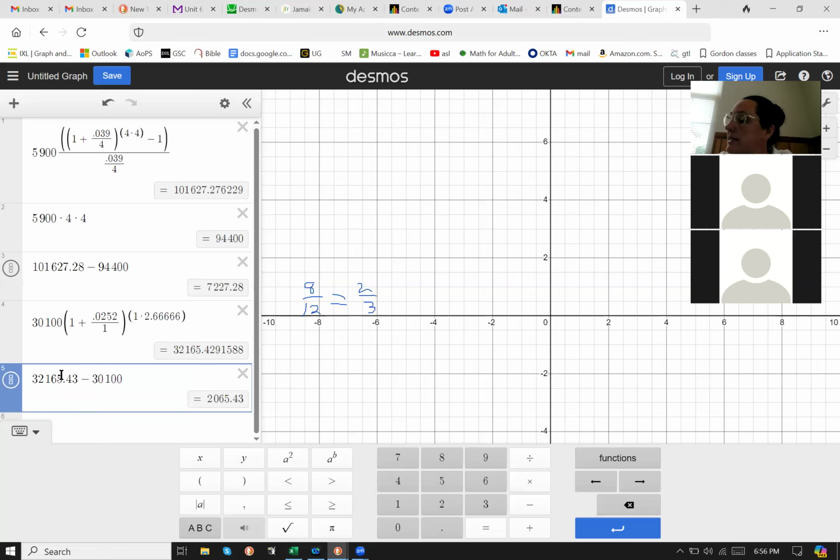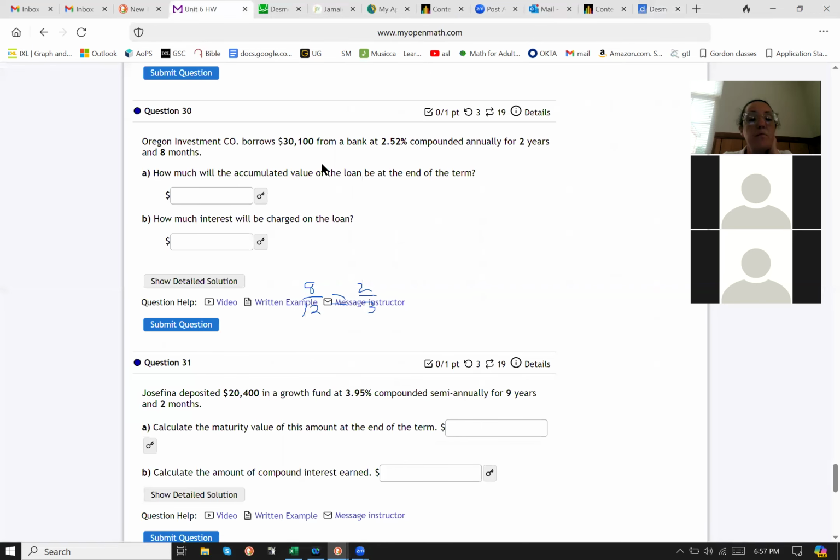And so now you can see $2,065.43 is the amount of interest that had to be paid. Okay. So that is number 30.